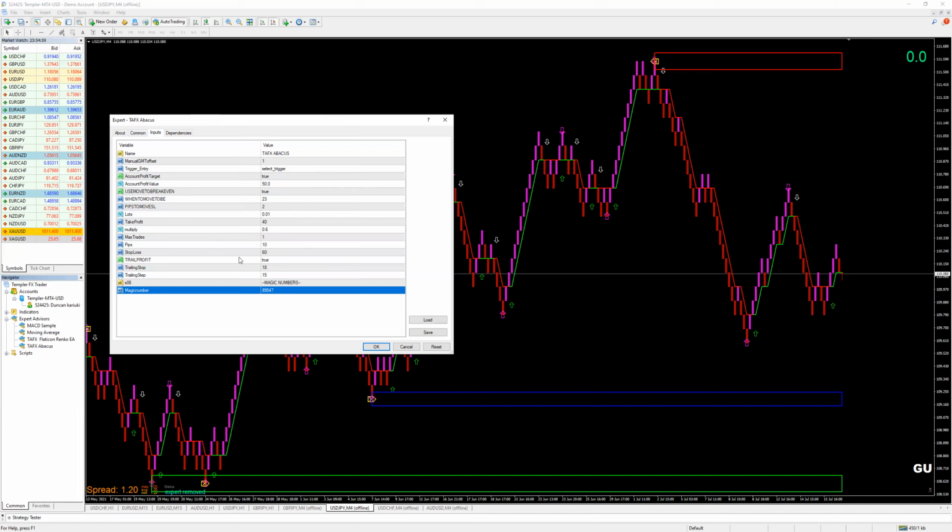Now, that's how simple our ABACUS is. And that's how you can use this system together with this gift we give with our RENKO, even our RENKO version 1. We give our RENKO users the ABACUS to help you make your trade easier, secured and profitable.